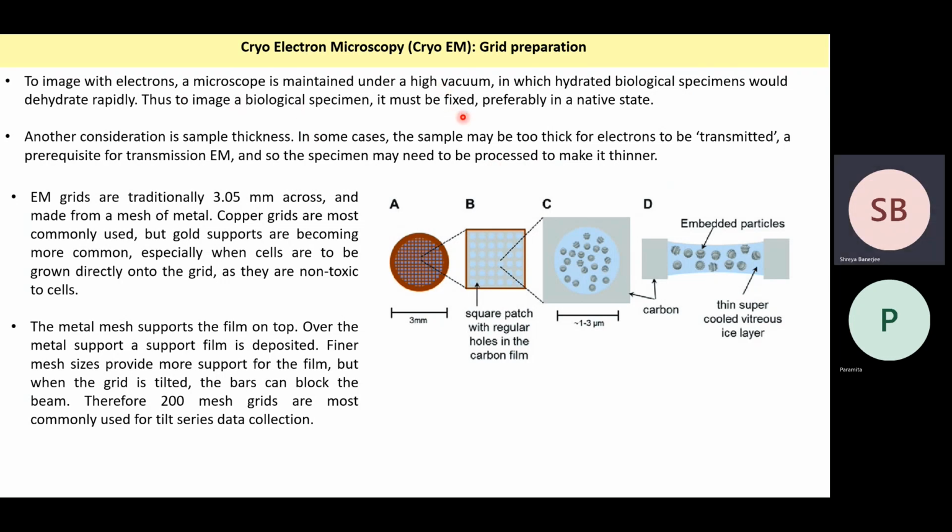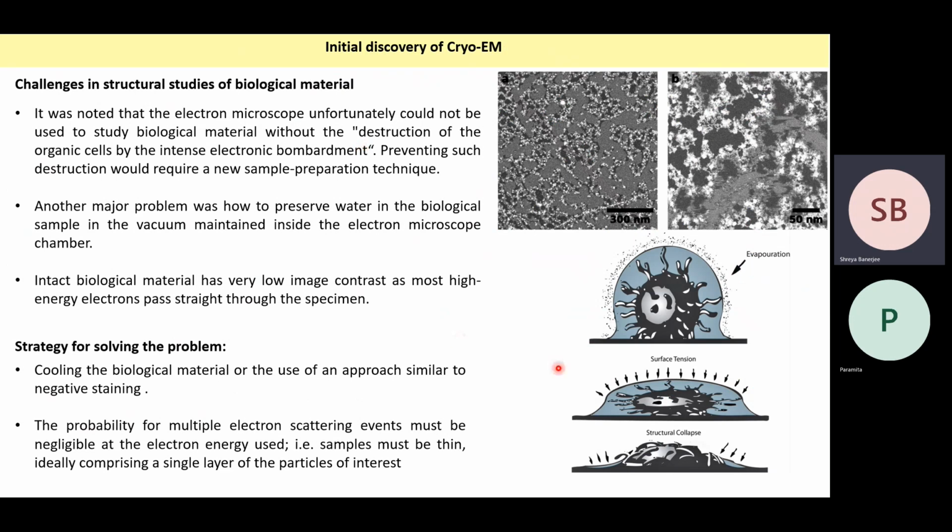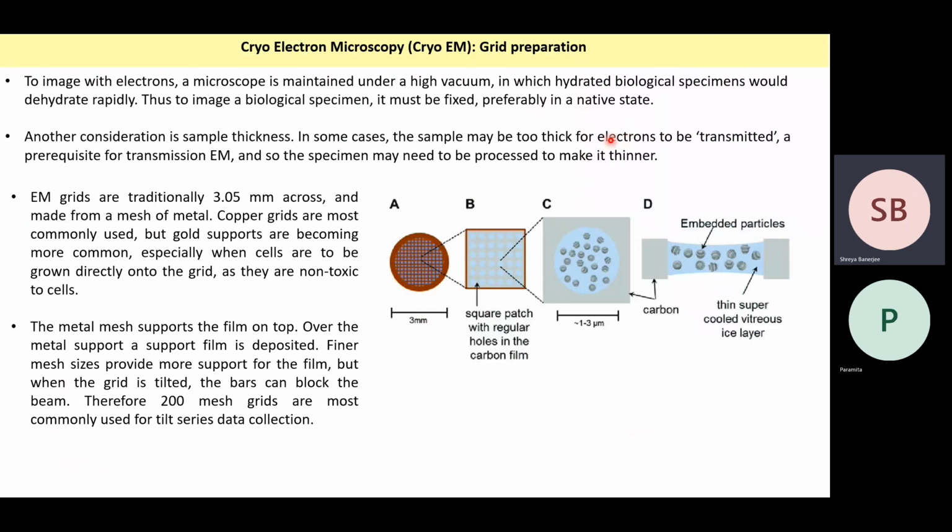Thus, to image a biological specimen, it must be fixed, preferably in a native state. So like we saw before, in the vacuum of the electron chamber, the water will be evaporated, leading to a destruction in the native structure of the protein. So somehow the biological specimen has to be fixed in its native state.